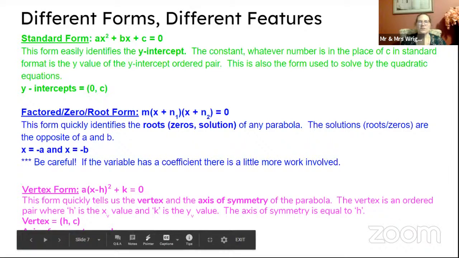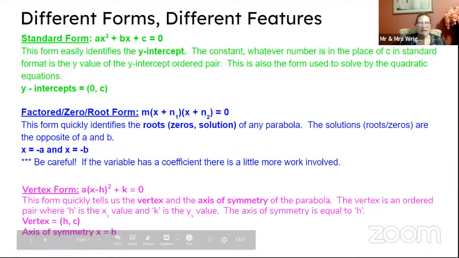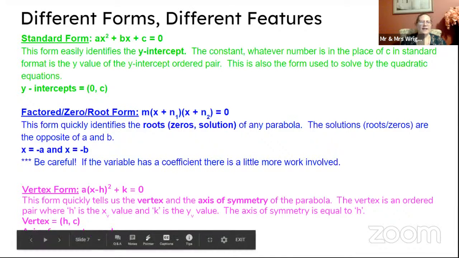This is the easiest form for me to graph because it gives us so much information just from looking at it. And again, with these, instead of the 0, you could have f of x or y in any of those. The axis of symmetry is just going to be x equals whatever h is, which, remember, this is a minus sign, so h is the opposite of what you see here.